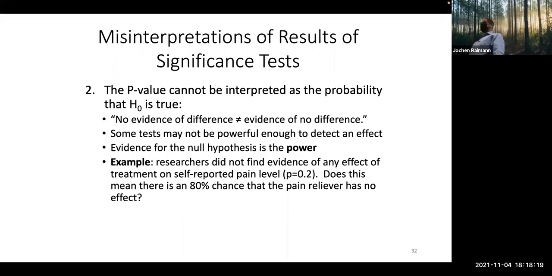Otherwise, you're going to run into what error? When you do not reject what you should have rejected? Type 2 error, yes. Type 1 error is where you reject something that should not be rejected. Type 2 error is where you do not reject what you should have rejected.